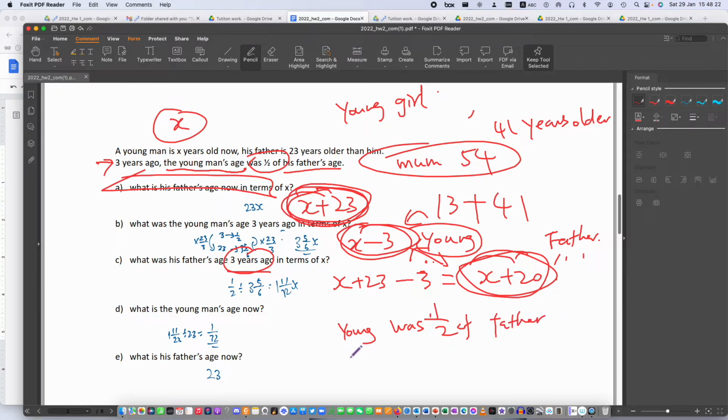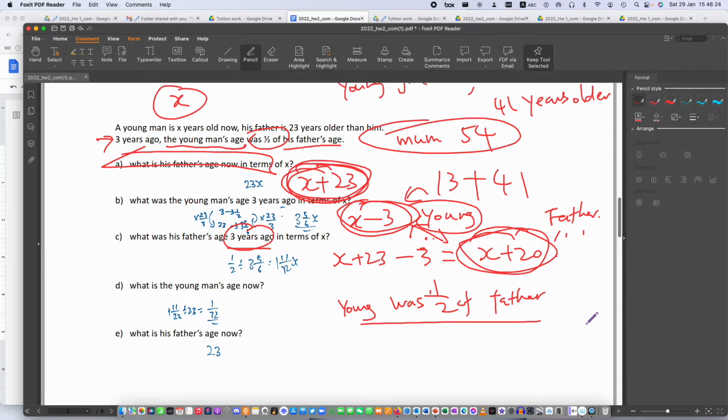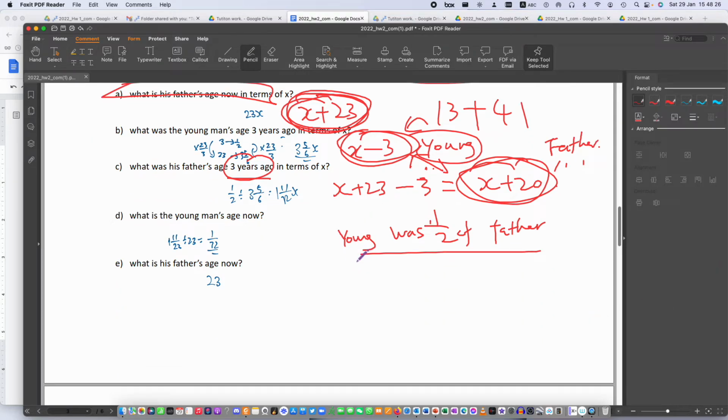So how do you form an equation out of this statement? Young man, x minus 3, 3 years ago. Half of means half times, of means times, right? So half times the father, x plus 20 with a bracket. Can you solve this for me now?